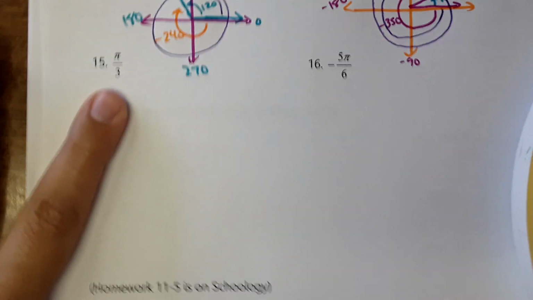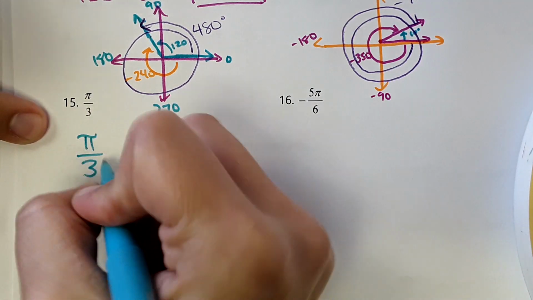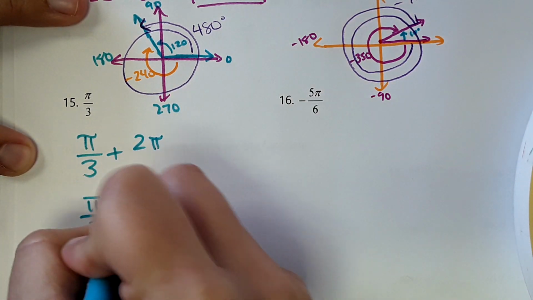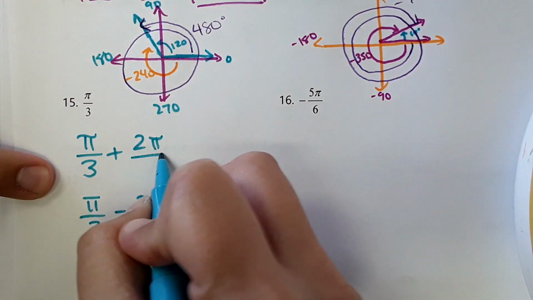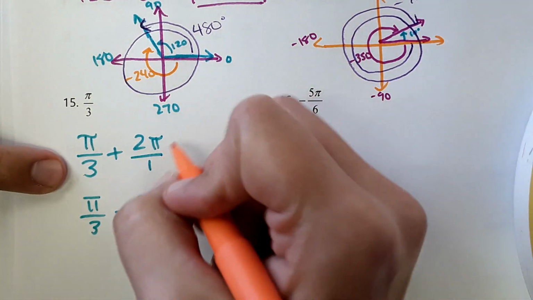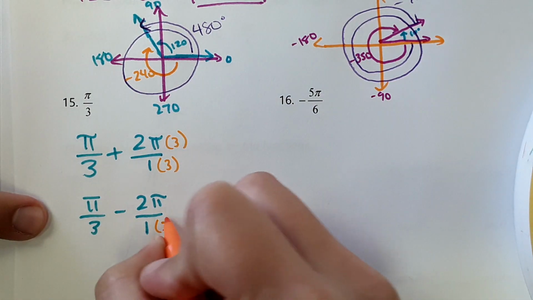Okay, this one, same concept. Now we're dealing with radians, but all the way around is 2 pi. So for pi over 3, we're adding 2 pi, and then we're subtracting 2 pi. But when we add or subtract fractions, we need a common denominator. So we're going to multiply both the denominator and numerator by 3 on both of them.